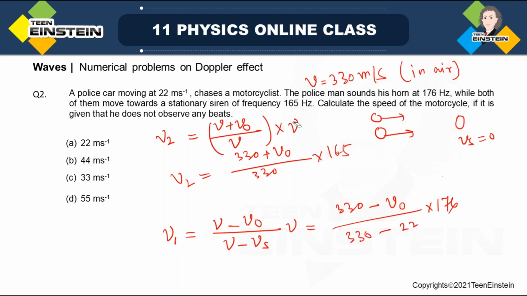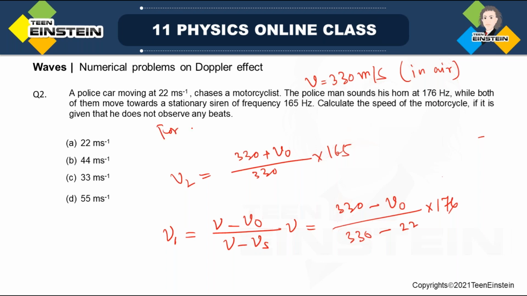Now I'll just go for erasing this portion. For no beats to happen, nu 1 will be equal to nu 2. So we'll directly equate them.